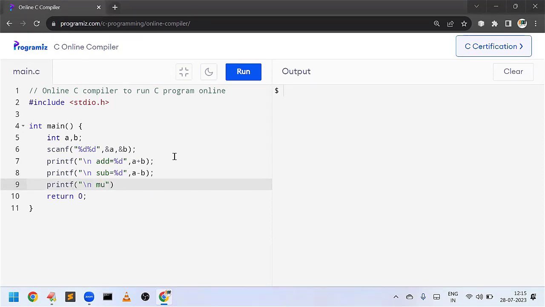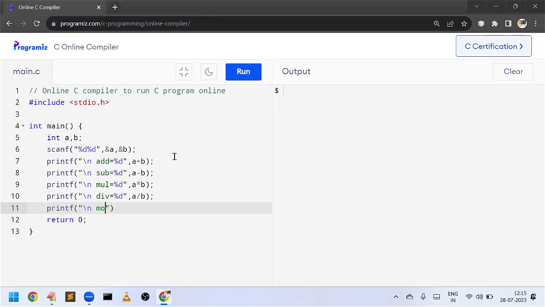For multiplication, we are going to use a star b. For division, it is a divided by b. And this is modulus division, a percent b.